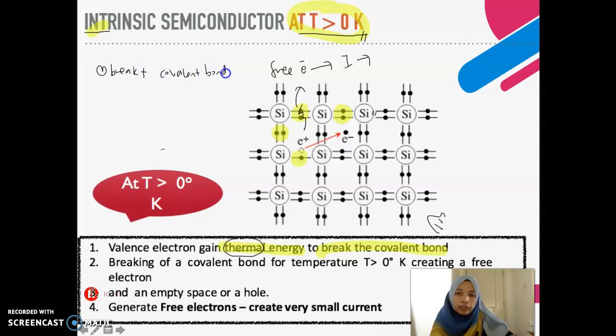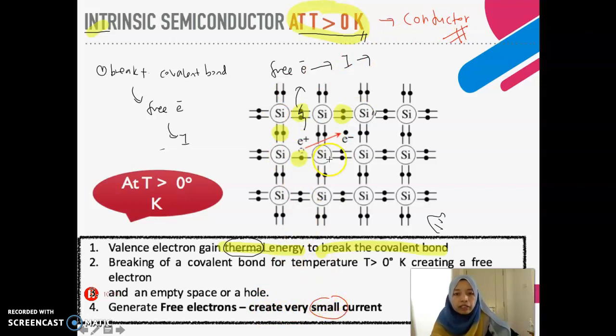So when it break the covalent bond, you will have a free electron and then you have a current. So what does that mean here? When you heat your semiconductor, the pure semiconductor, it will become conductor. Means it will have a current flow. But the current flow here is very small.